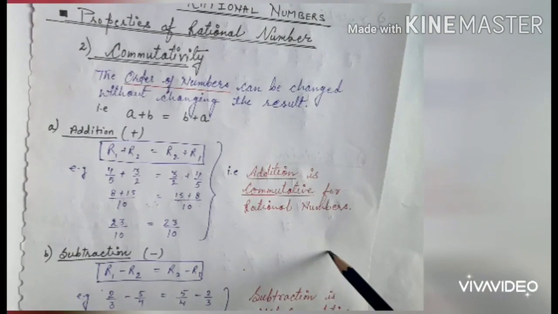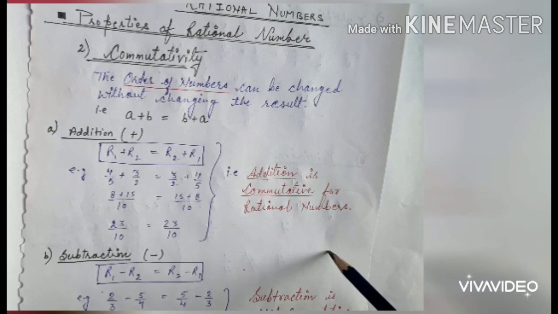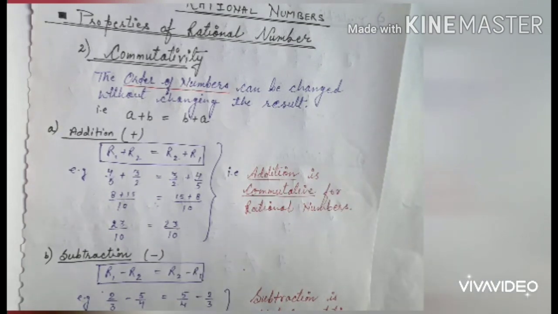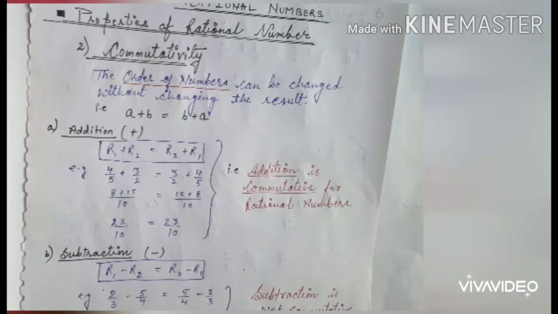Now the second property of rational numbers is commutativity. What is the meaning of commutative? When we add numbers in any order, the resultant number never changes. That means the commutative property says the order of numbers can be changed without changing the result.